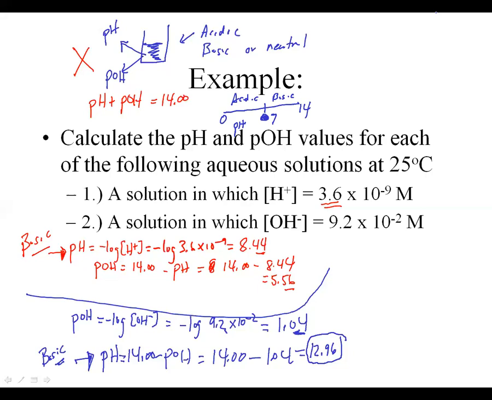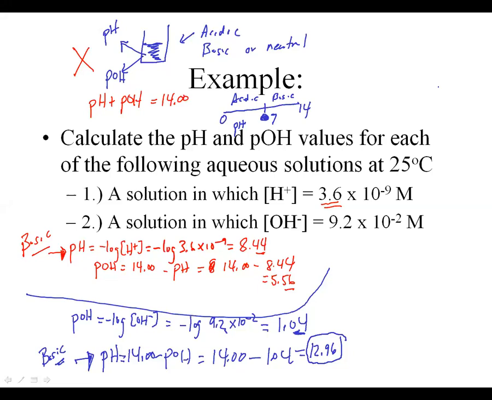Let me try to draw a little better on this side. The pOH scale also runs from 0 to 7 to 14. Yeah. And this is the pOH. Okay. Now, on the pOH scale, if it's below 7, it's actually basic because it runs opposite.